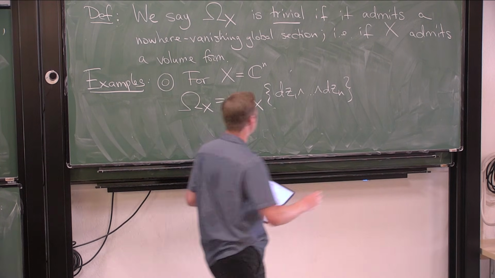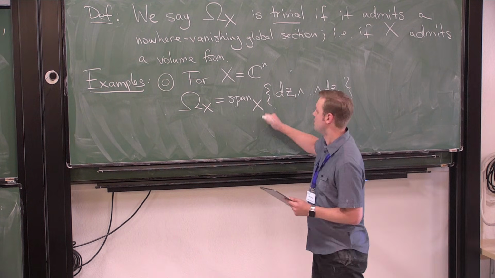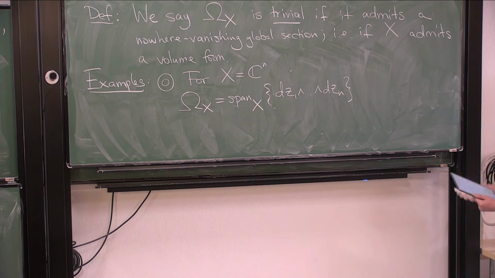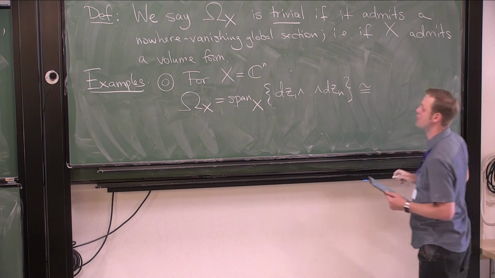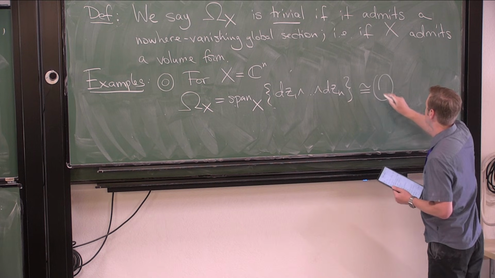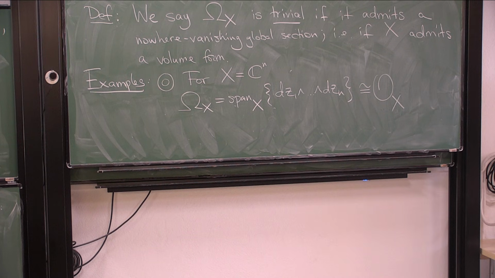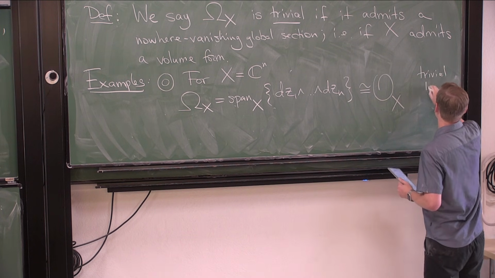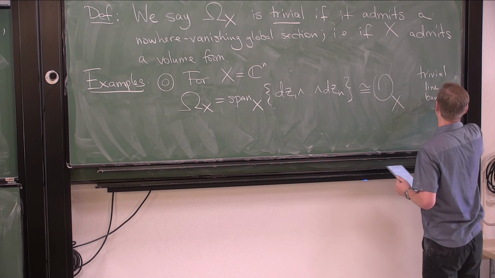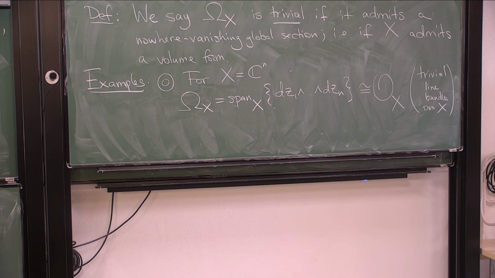And this thing is trivial, and so for those of you who have seen some differential or algebraic geometry before, this will make sense. Otherwise, just take it as notation. When I say that something is trivial, I will write that it's isomorphic to the trivial line bundle on X, also called the structure sheaf, whatever.